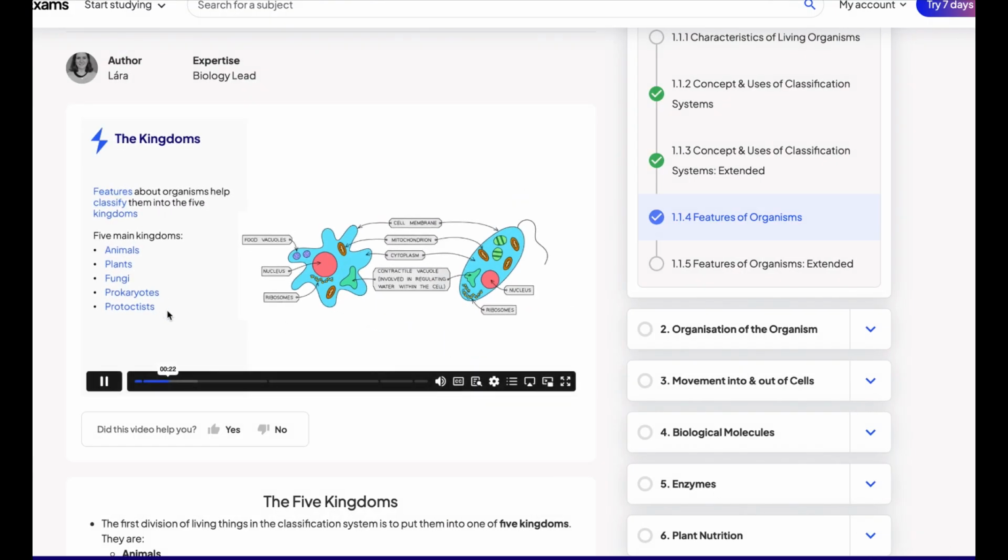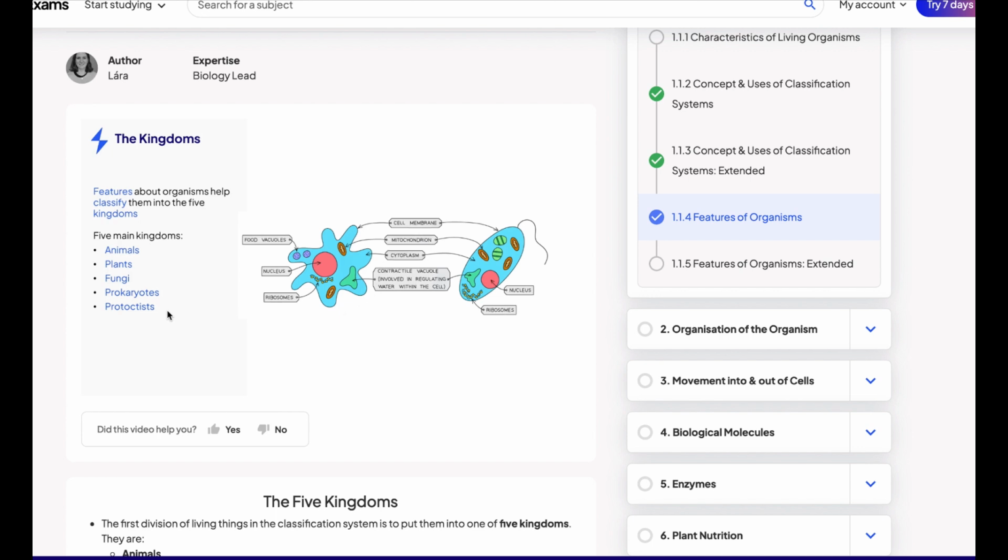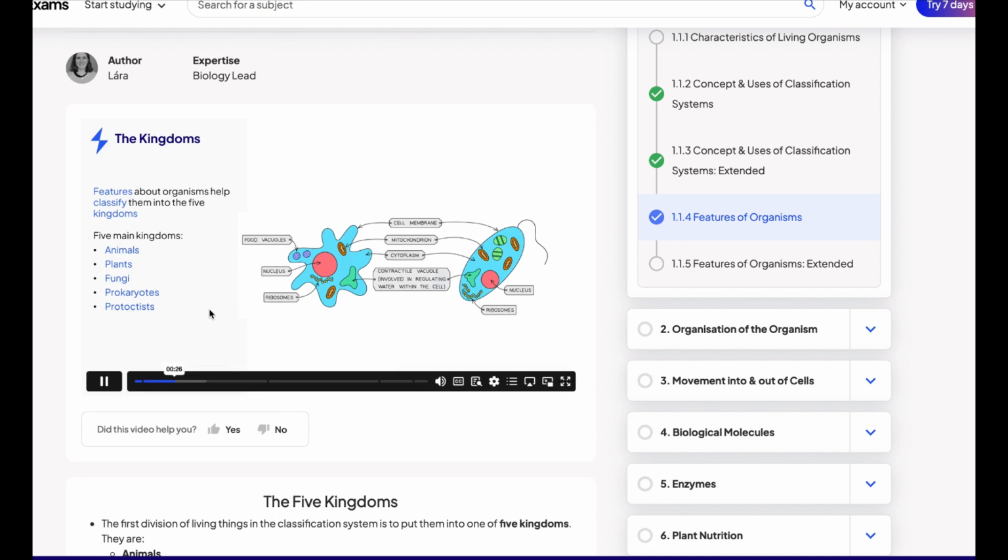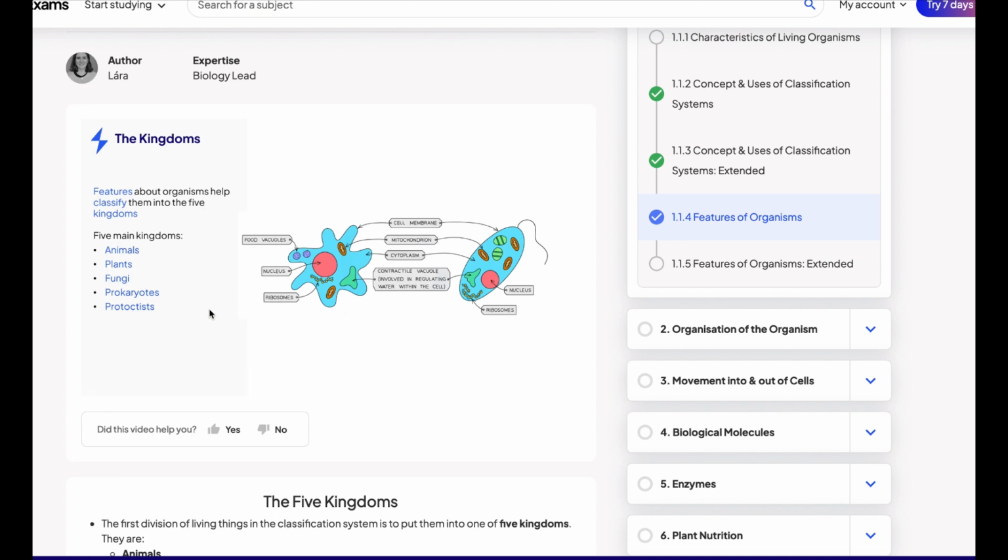The main features used to place animals and plants into the appropriate kingdoms are features like whether they are multicellular or unicellular, whether they produce their own food via photosynthesis, or whether they contain a nucleus in their cells. It is a good idea to ensure you know a few different examples of features for each kingdom. Extended students, you also need to be able to name the main features used to place all organisms into each of the 5 kingdoms.